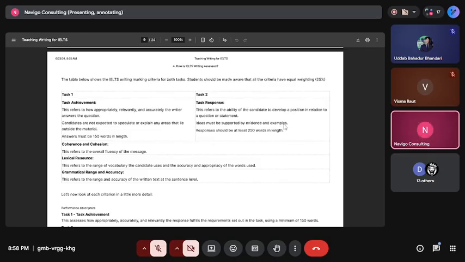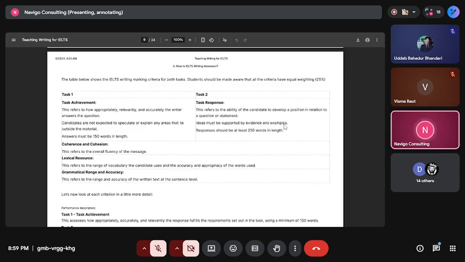You are not expected to speculate, think, or explain any areas that lie outside the material, which means you can't go off the topic. What is asked by the topic, you have to answer that, and your answers must be 150 words in length. Okay, so this is how you achieve the task.